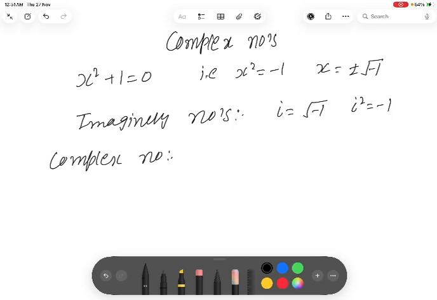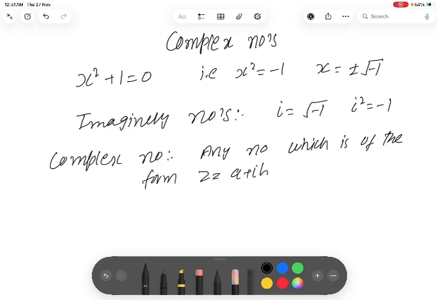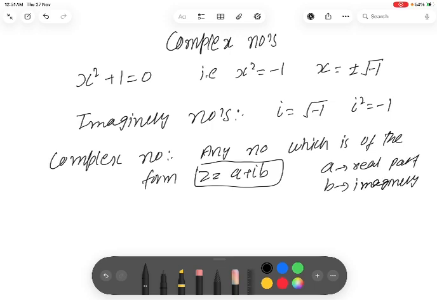Any number which is of the form z equal to a plus iota b is called a complex number, where a is the real part and b is the imaginary part, and iota is equal to the under root of minus 1.